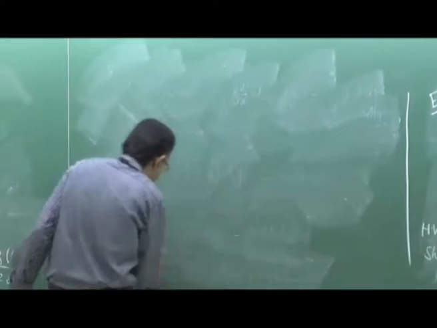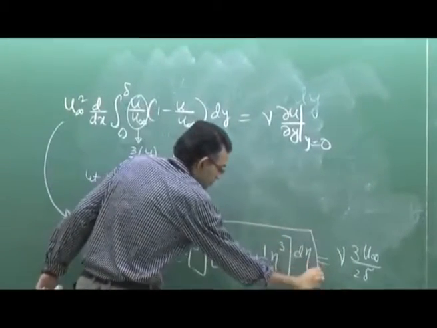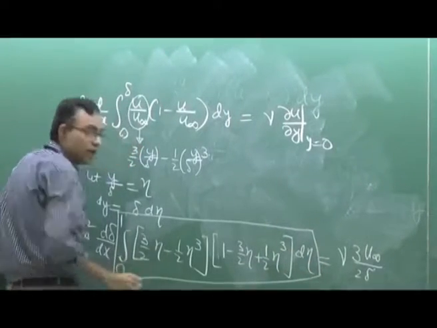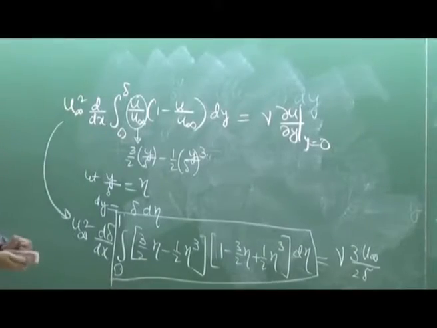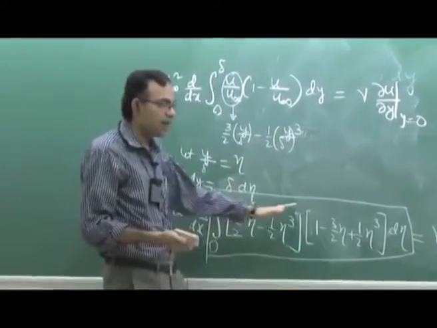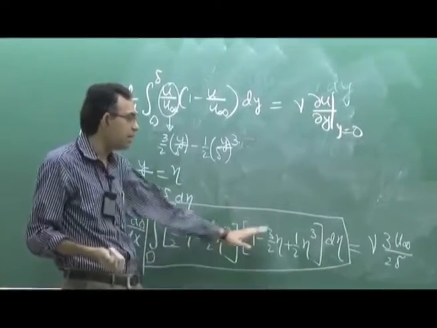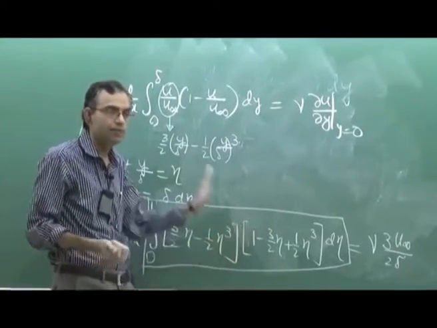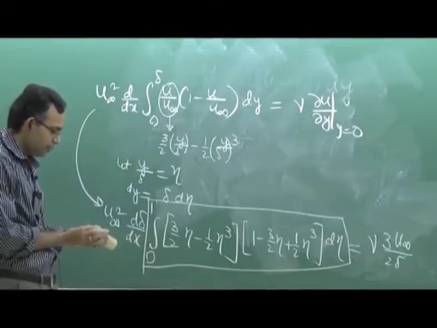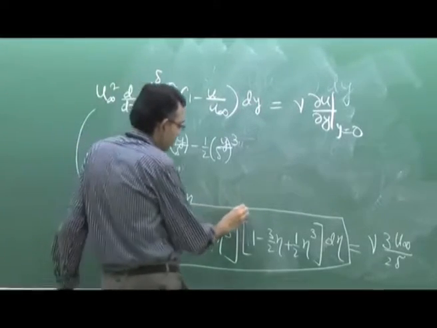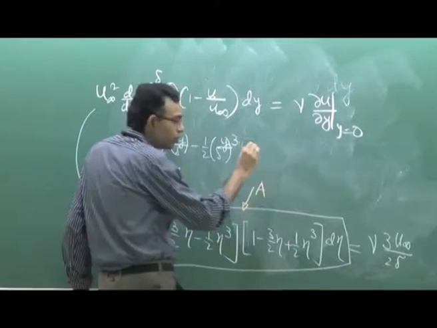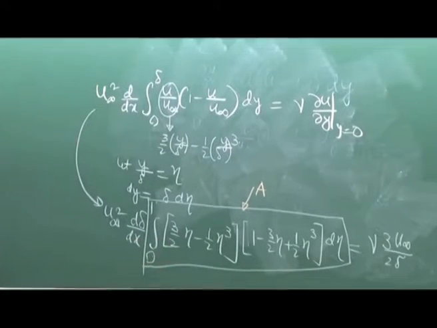So I will not waste any time in evaluating this integral. This may be very tedious, but there is no special trick which you can play. You have to just simply multiply and integrate these polynomials. So, let us say that this is equal to some number a.